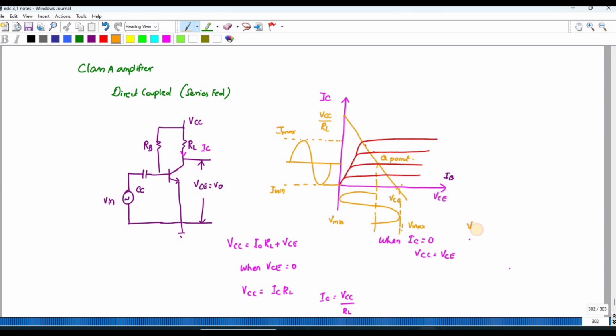We know that the V max value is nothing but VCC, the V minimum value is 0, and the I minimum value is also 0. Suppose this is ICQ, then what is I max? I max is nothing but 2 ICQ, and we know that this value is IM.